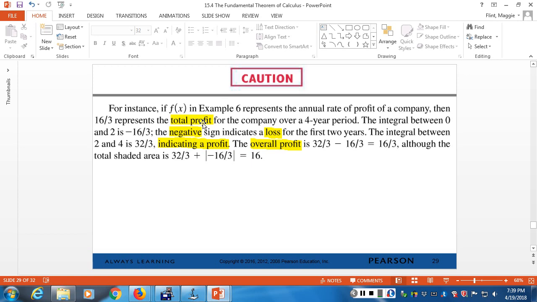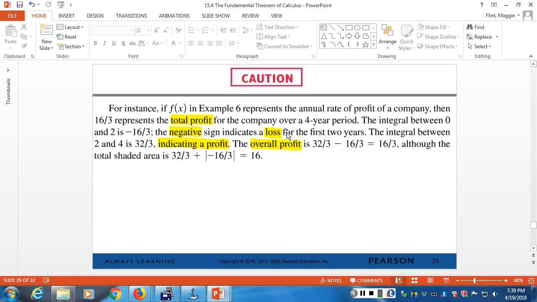Okay? The 5.66666, the 5 2/3 that the original calculator came up with, is the net profit. Because realistically, the integral between 0 and 2, because that was below your x-axis, that was when your profit was negative. That was when you were losing money.